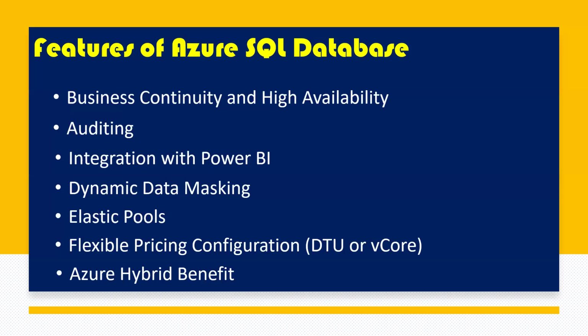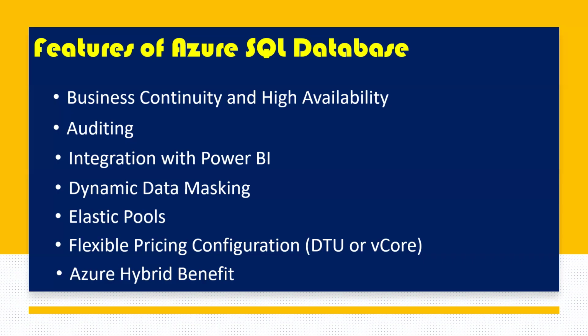Business continuity and high availability is used for disaster situations: if anything happens, we use the secondary database. Auditing is for tracking purposes: who logged into the database, what queries and what actions they executed. So everything we can track.